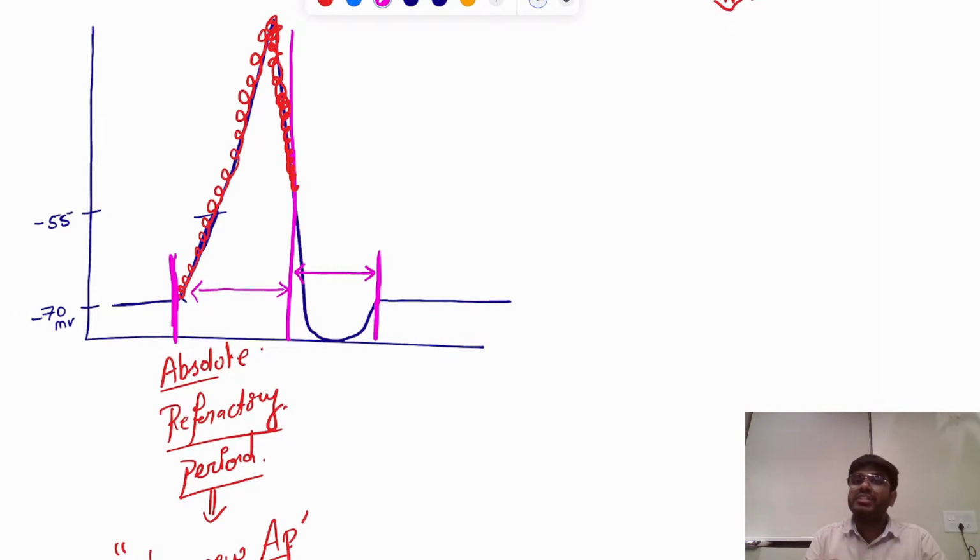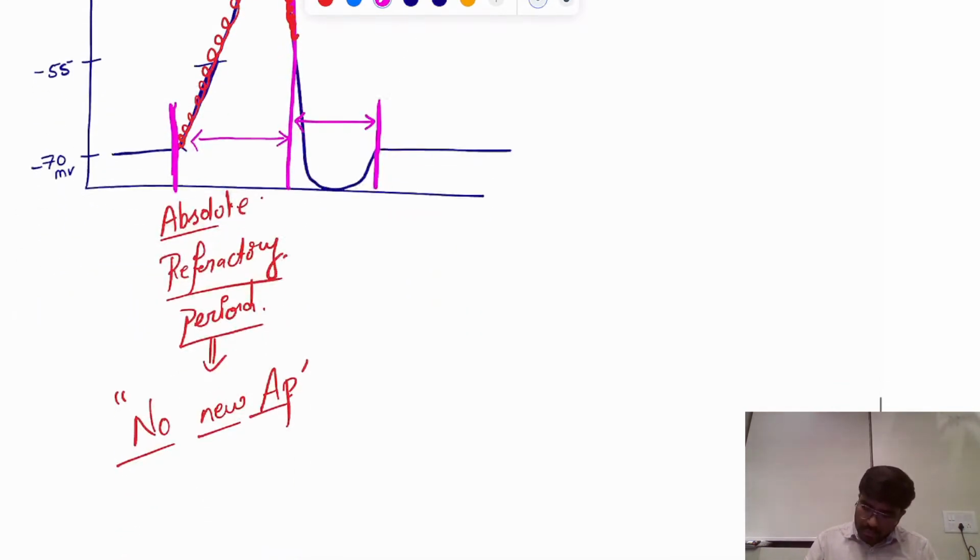Yes, there is a possibility, but not with a normal stimulus. You need to give a higher stimulus than normal. Then there is a possibility of development of one more action potential from here.